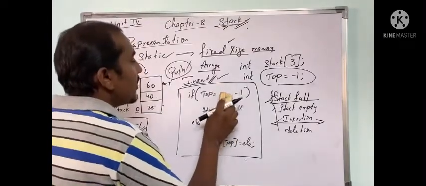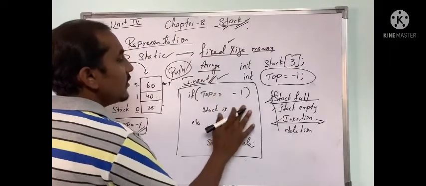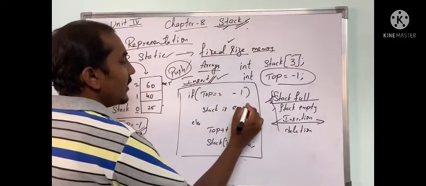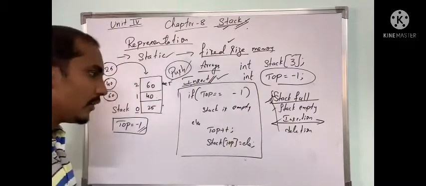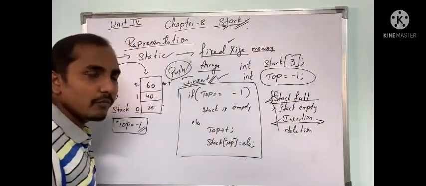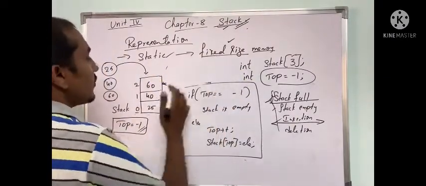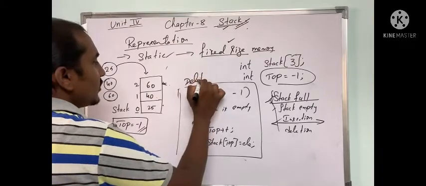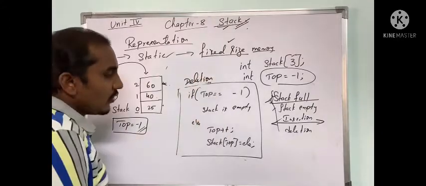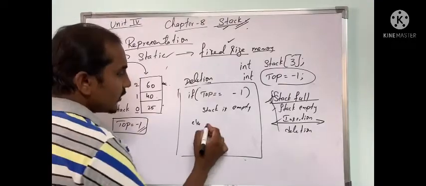To check the empty condition, we'll be using if top equals -1, then we'll say stack is empty. Later, what we need to do in the deletion algorithm or deletion function is, instead of these two steps, we'll be writing two other steps.